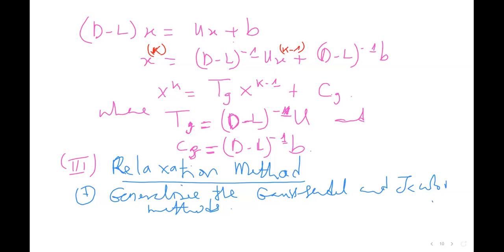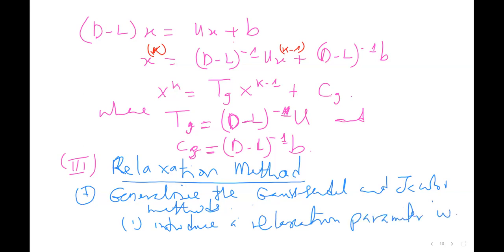In the same sense as we spoke about for the Gauss-Seidel method, in the relaxation method now, we introduce a relaxation parameter. Let's call this parameter omega.